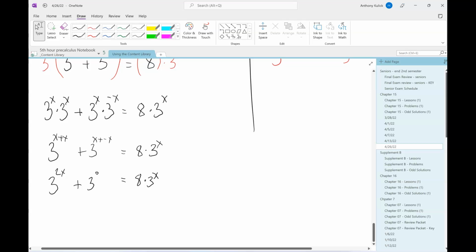Everybody okay with what I've done so far? Okay, what's 3 to the 0 again? 1. Very good. So I'm going to move everything onto one side.